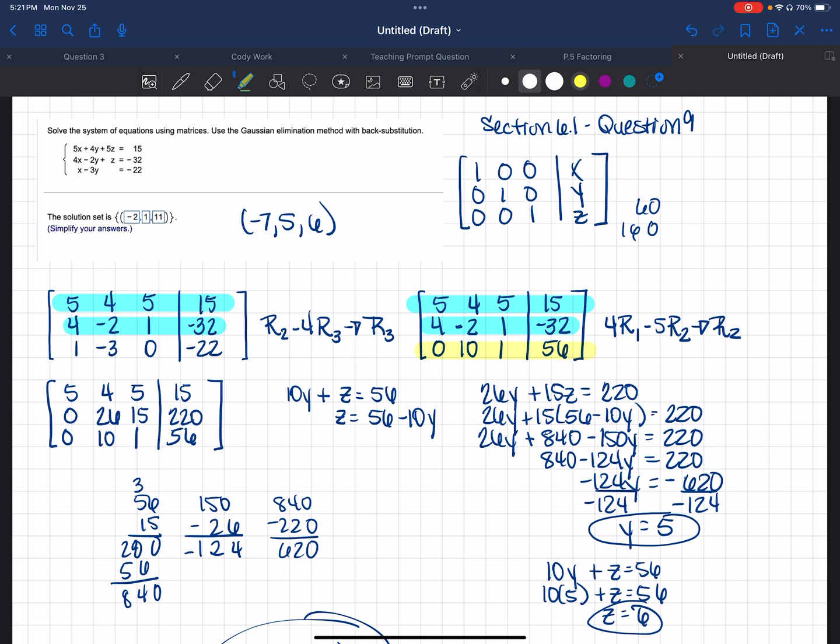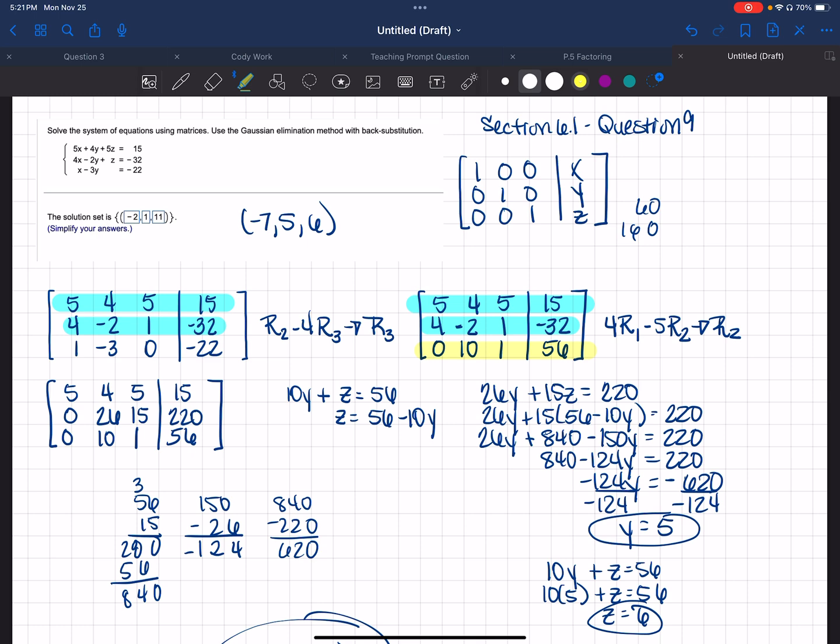So I've got 4 minus 4, which gives me my 0. I've got negative 2 plus 12, because negative 4 times negative 3 gives me a positive 12. That's where my 10 comes from. And then I have 1 minus 0, which is just 1. And then I have negative 32 plus 88, which is going to give me a positive 56.